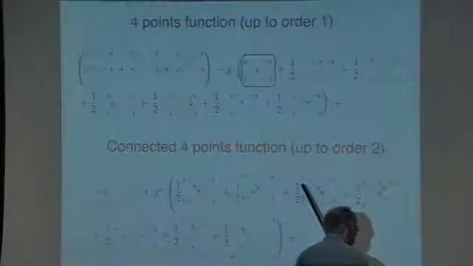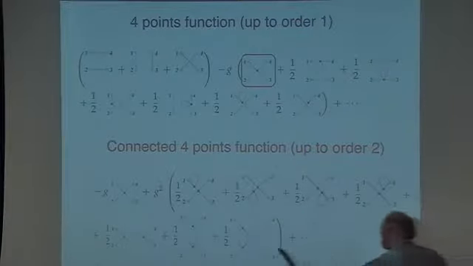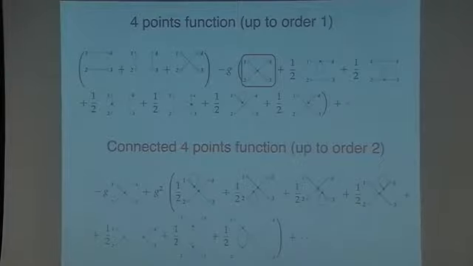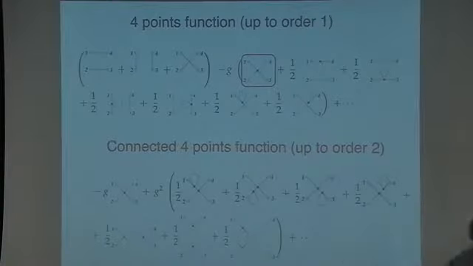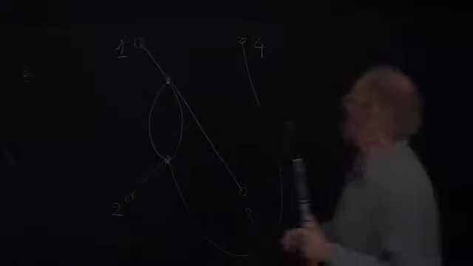So this one, if you don't see it, this diagram is in fact the last diagram. I have external vertex 1, external vertex 2, external vertex 3, and external vertex 4. And you see the external vertex 3 is connected to this internal vertex, and this one is connected to this one. So if you prefer, same thing as this one. Okay?